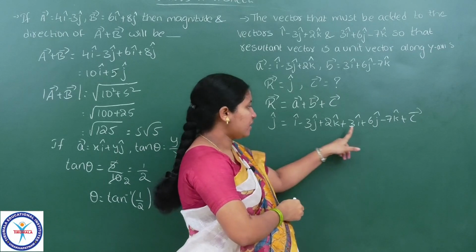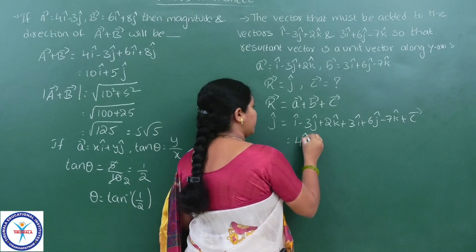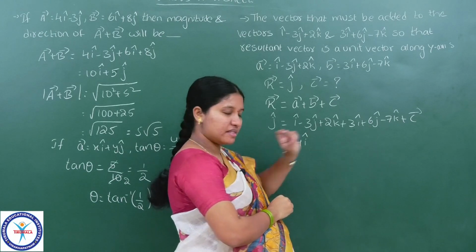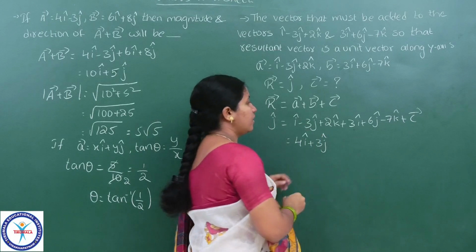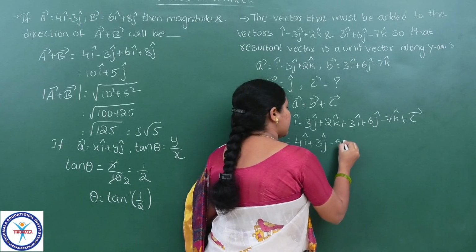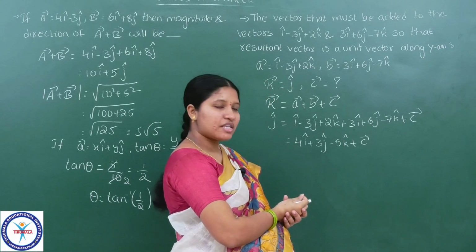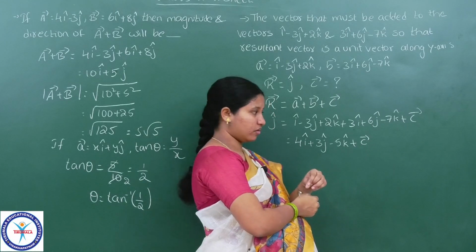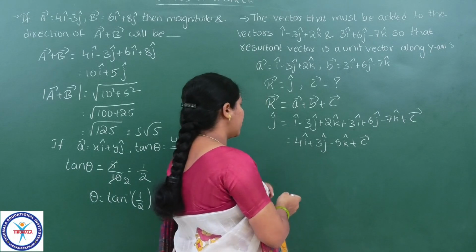So i plus 3i gives us 4i cap, minus 3j plus 6j gives us plus 3j cap, and plus 2k minus 7k gives us minus 5k cap, plus c bar. As we need to find the vector c bar, transpose the i, j, k to the LHS.